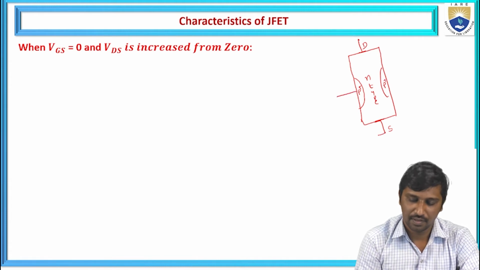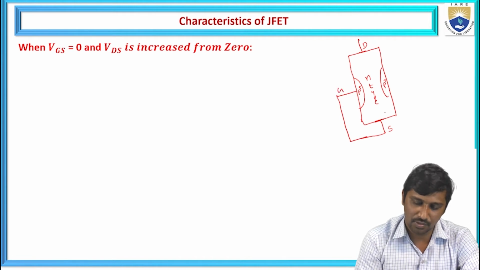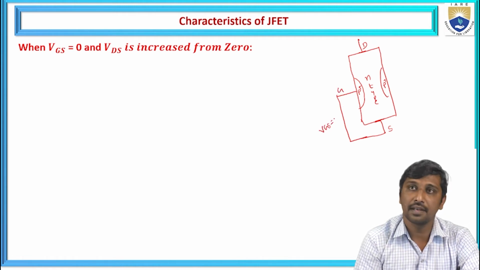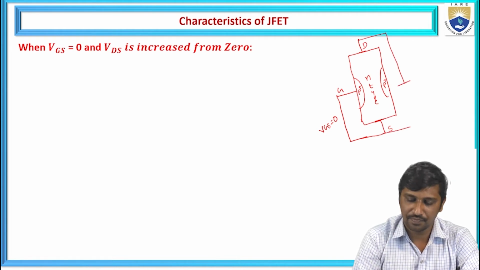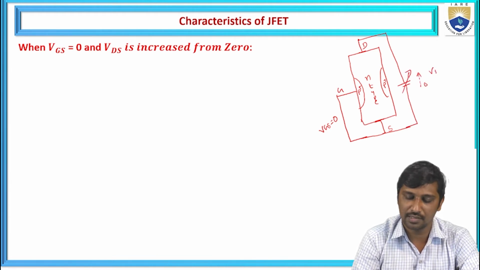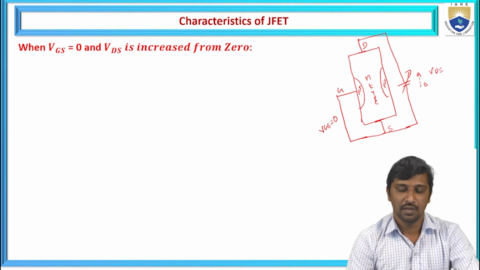Then we assume that VGS is 0, meaning the gate and the source are at the same potential, but a small biasing voltage is increased from 0. That is, VDS is increased from 0.